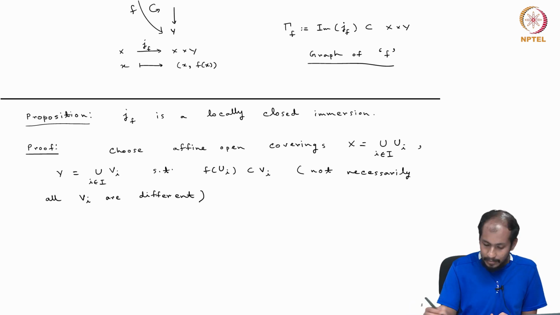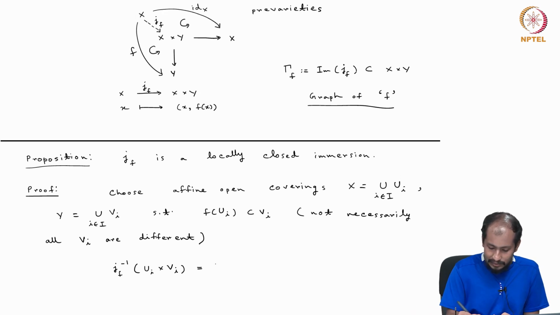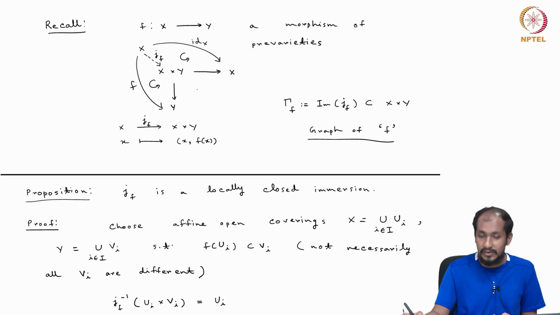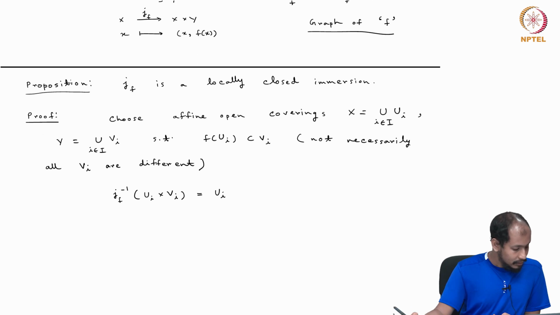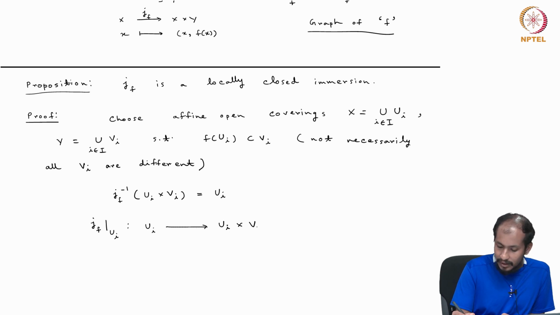Now consider j inverse of U_i cross V_i. This is actually nothing but U_i. If you see this diagram, it is pretty obvious. Now we restrict this map j_f to U_i, then this is a morphism from U_i to U_i cross V_i.